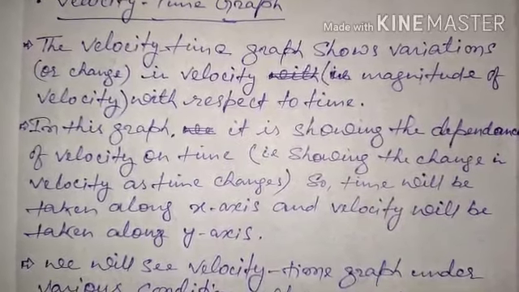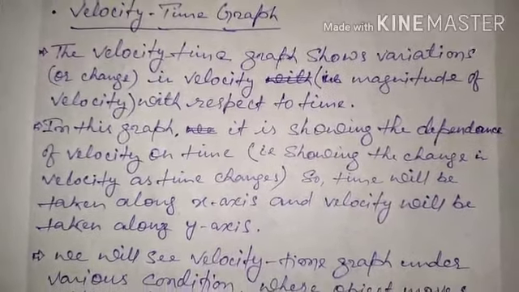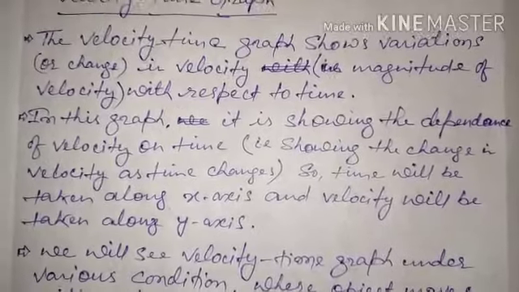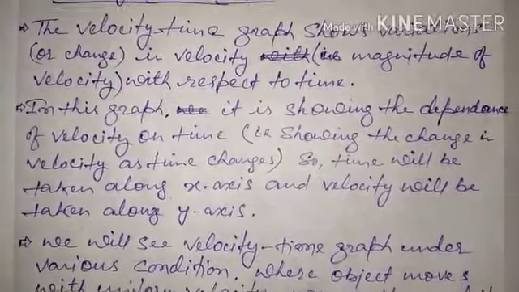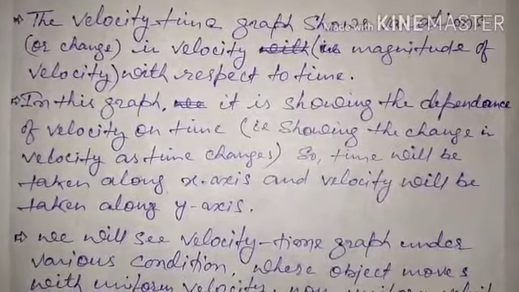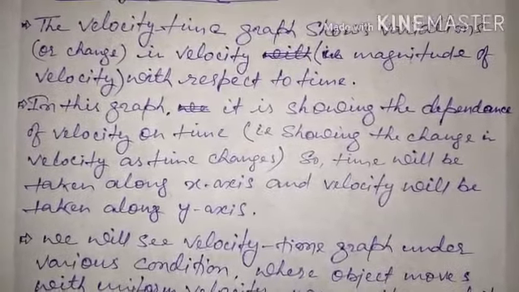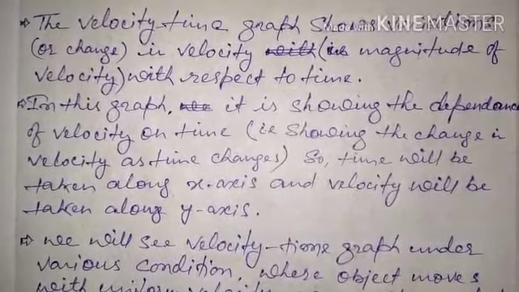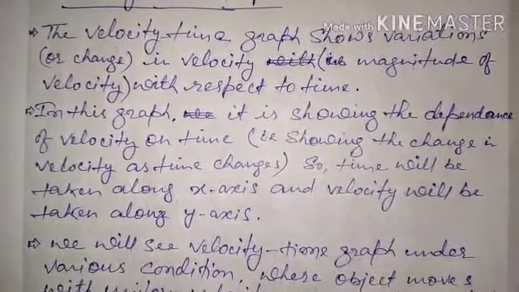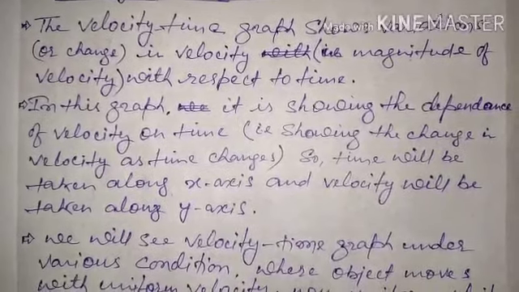Now moving on, let us start today's topic, that is the velocity time graph. I'm trying to cover many things under this topic so that you will understand it, and it will be very helpful in deriving the equations of motion using the graphical method.